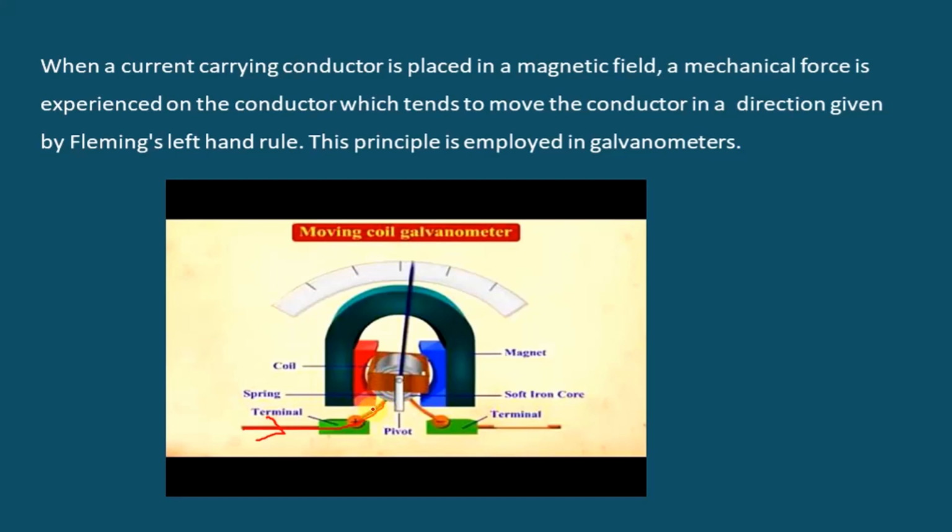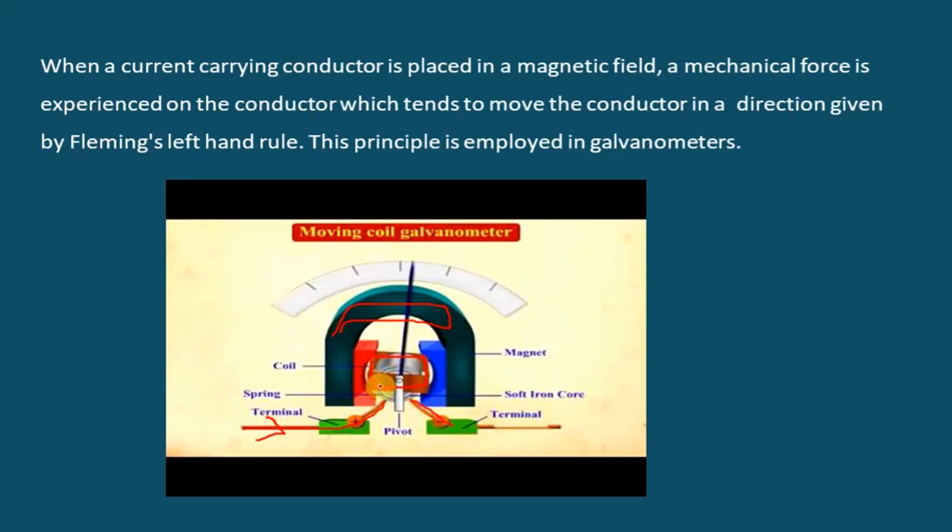Now this is the wire, the brown one, and some current is flowing in this wire. This wire is placed inside the magnet.